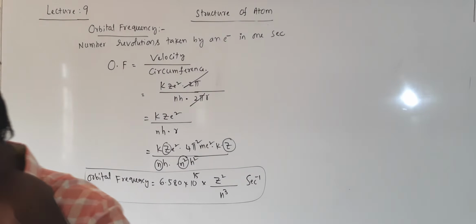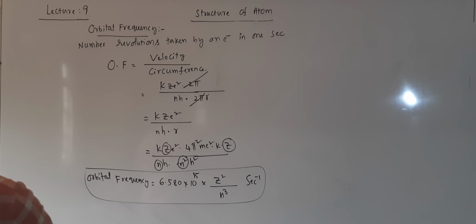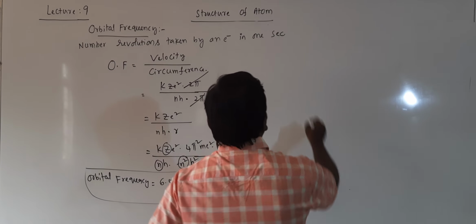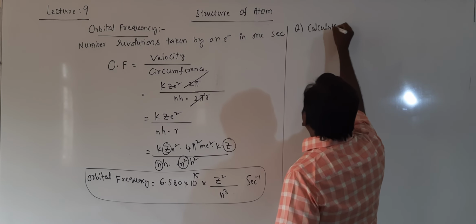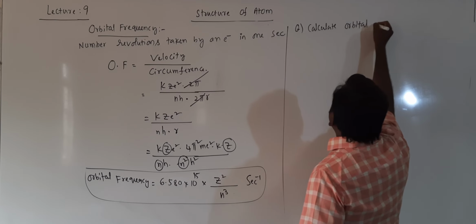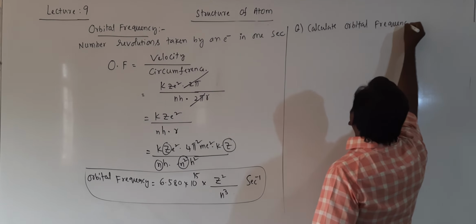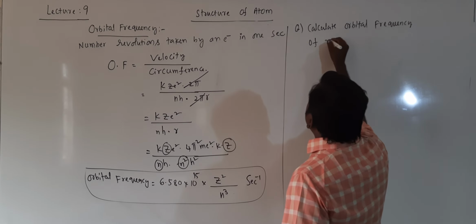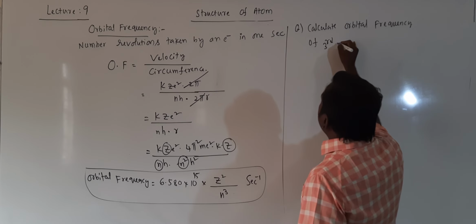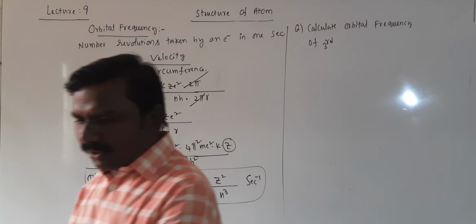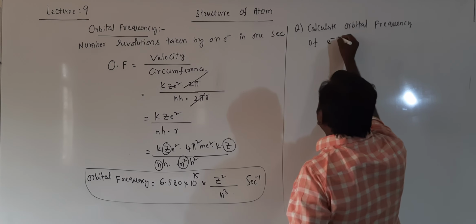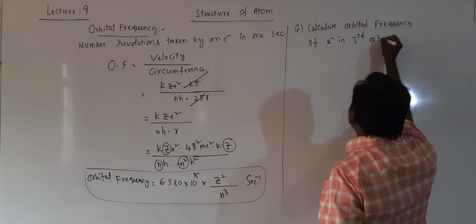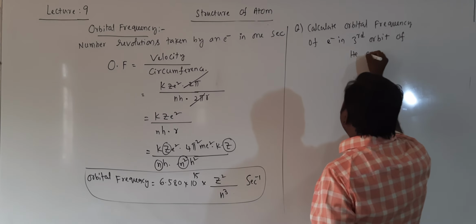One simple problem: calculate the orbital frequency of the electron in the third orbit of helium atom.